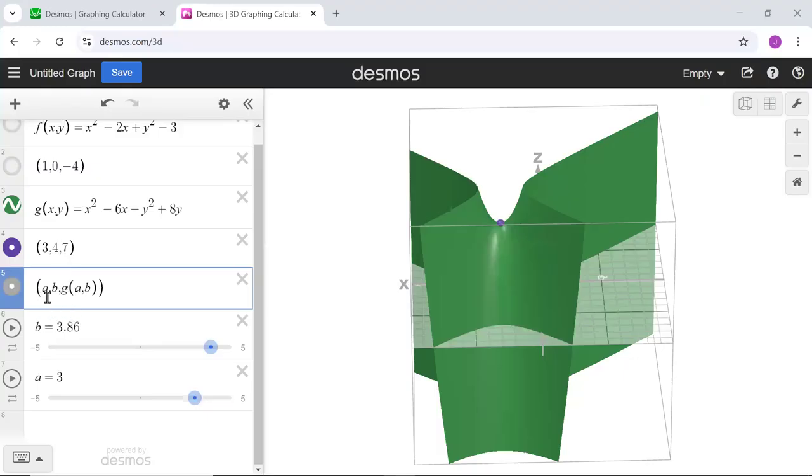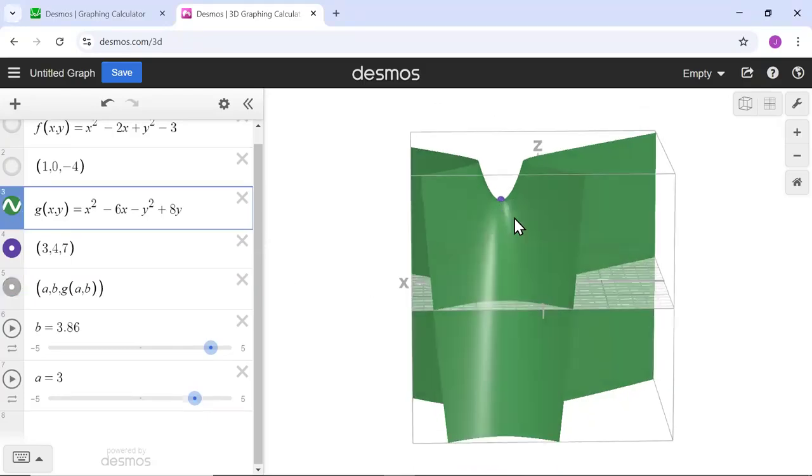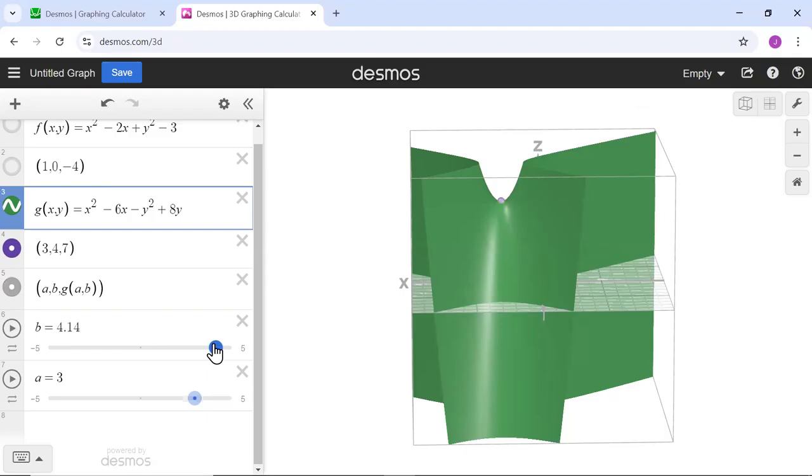That's better. So I want to be at the point A, comma, B, comma, my function value. And if we're at the point 3, 4, then we're right on top of the point. And as you move in the Y direction, you move down.